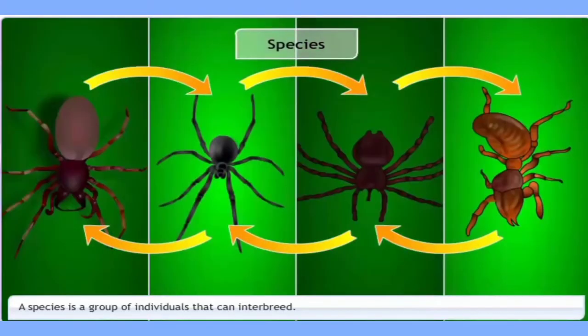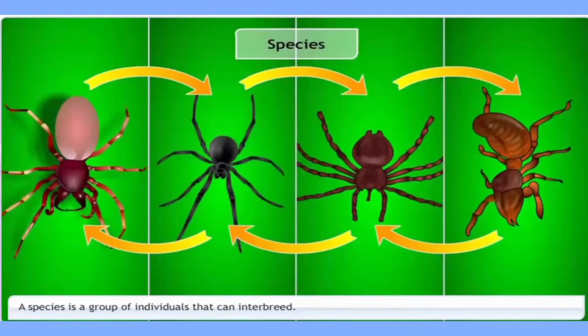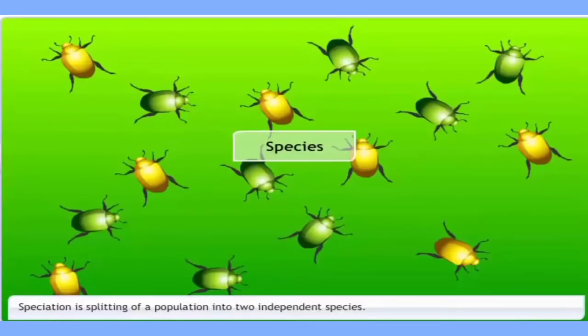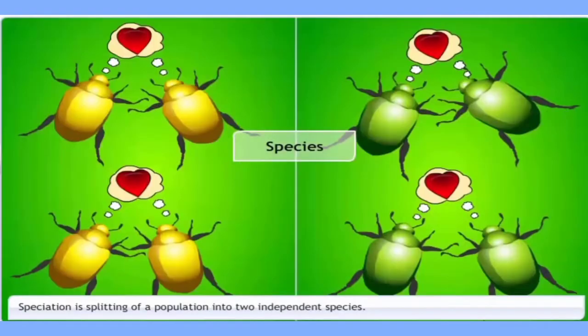Thus, we can say that these spiders belong to the same species. Speciation is an event that splits the population into two independent species which cannot reproduce with each other.